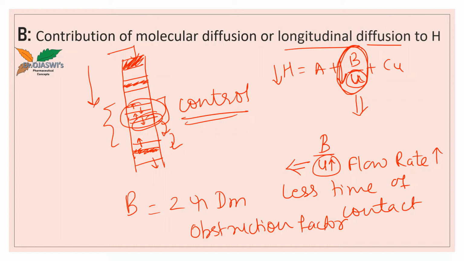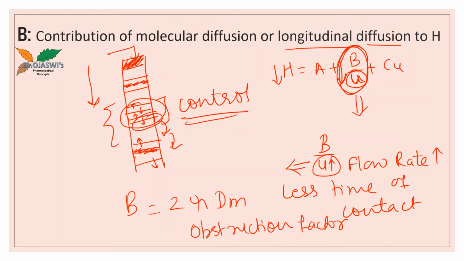Okay, so here we are considering the diffusion coefficient of the compound in only the mobile phase, because only the mobile phase is responsible for diffusion of solute here, whereas what is the role of the stationary phase? That is just obstructing the flow of solute down the column. Okay, so here there is minimum time for diffusion to occur, which means the mobile phase is not allowed to stay at one spot for a longer time, and hence diffusion of solute to fresh mobile phase is avoided.